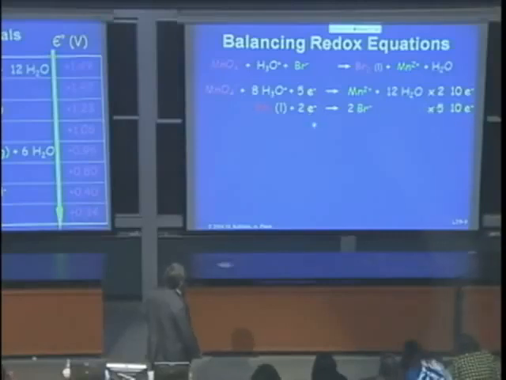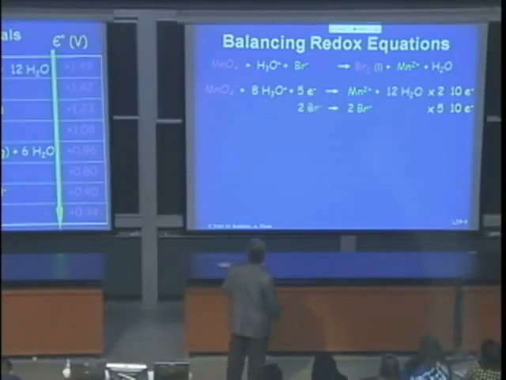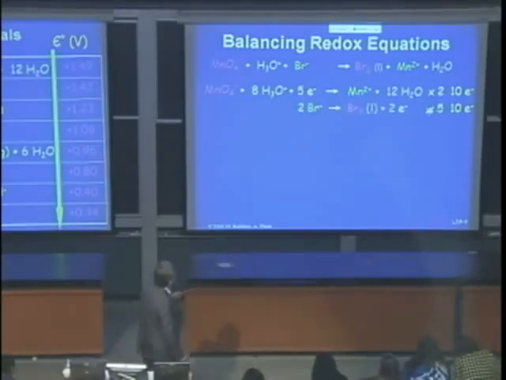So it's 10 Br- gives 5 Br2 plus 10 electrons, okay? Now we have 10 electrons here and 10 electrons here, okay? So these electrons cancel here.